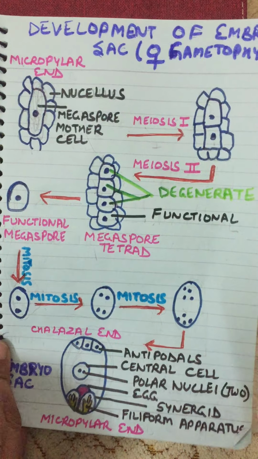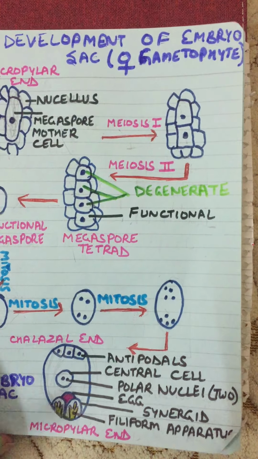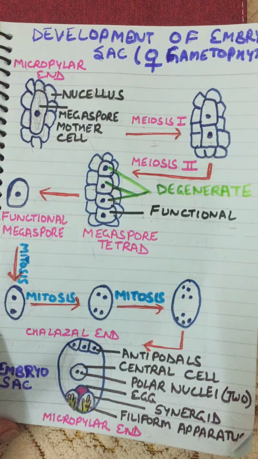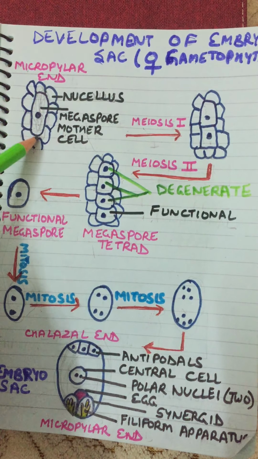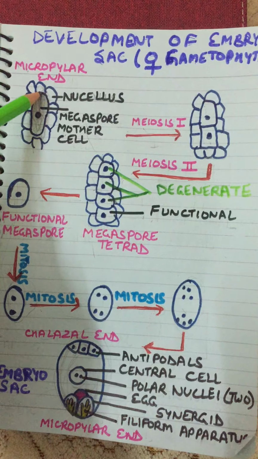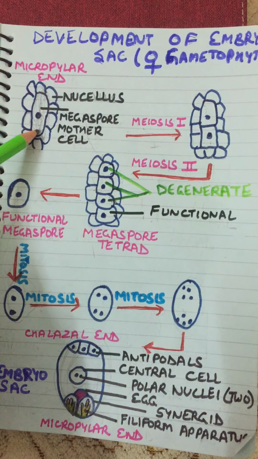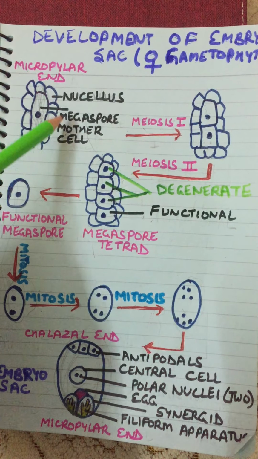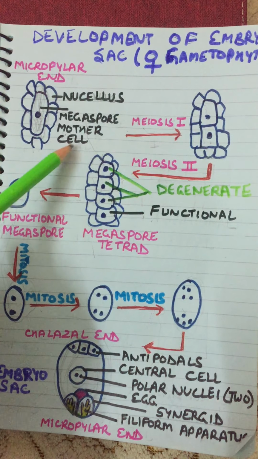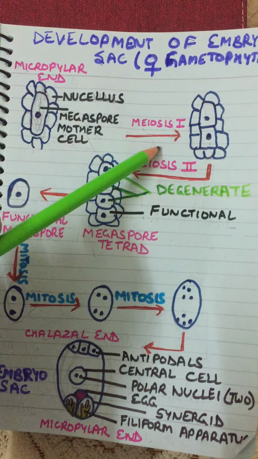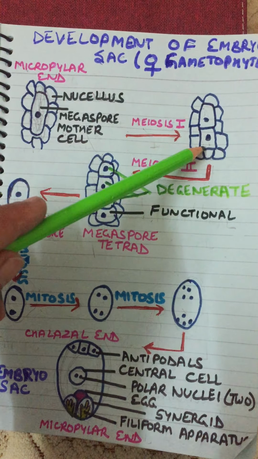Now we will discuss in detail the development of the embryo sac or female gametophyte. One of the cells of the nucellus at the micropylar end increases in size and starts behaving as the megaspore mother cell. This megaspore mother cell will undergo meiosis 1 to form 2 daughter cells.